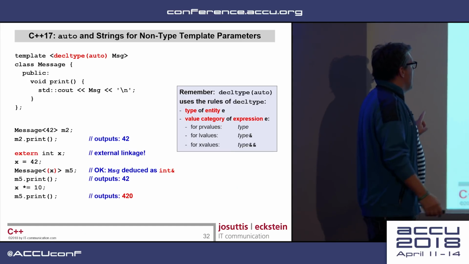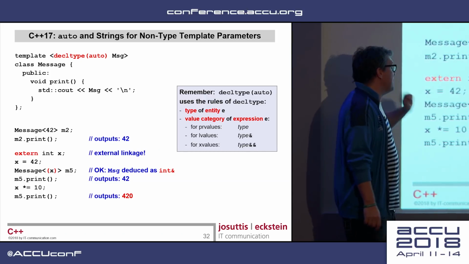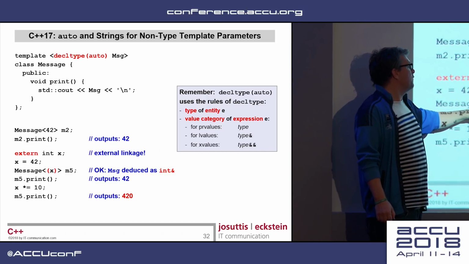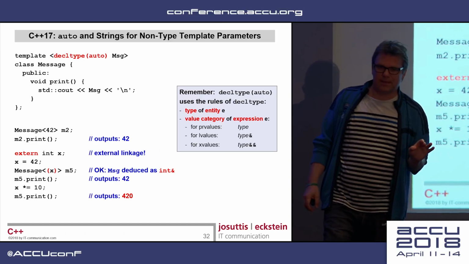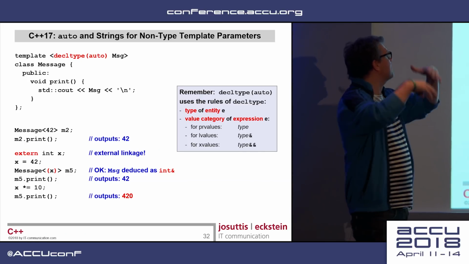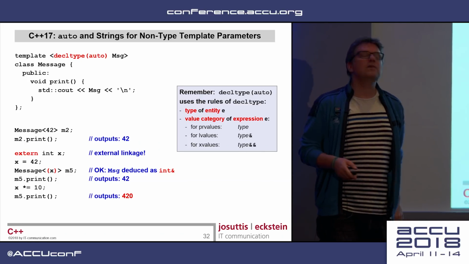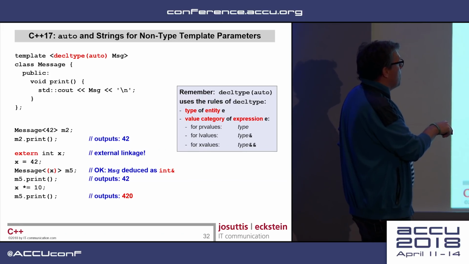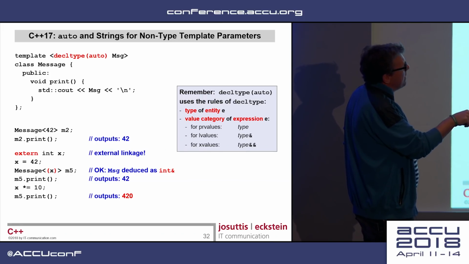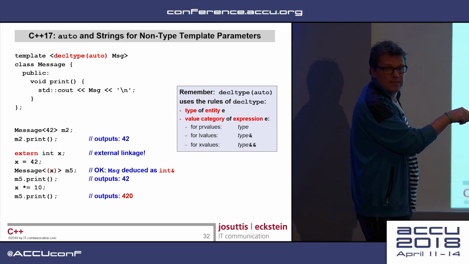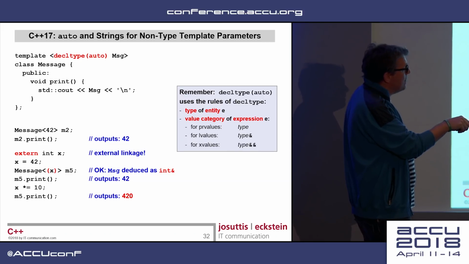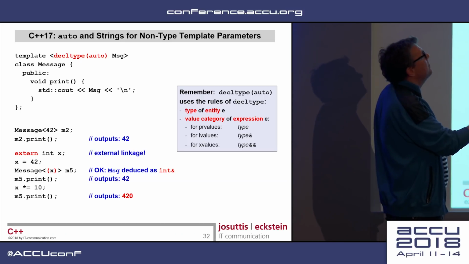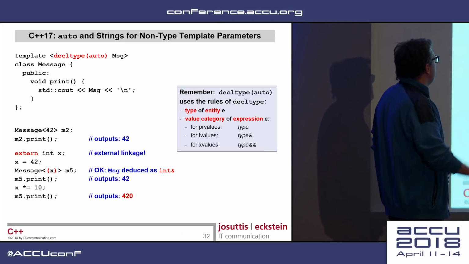You can say, I have an external int, and I instantiate my template for an int including parentheses. The important thing is that this x inside parentheses uses the rules of decltype for expressions, not for entities. And that means, because this expression is an L value, for L values this yields the type of the object as an L value reference.